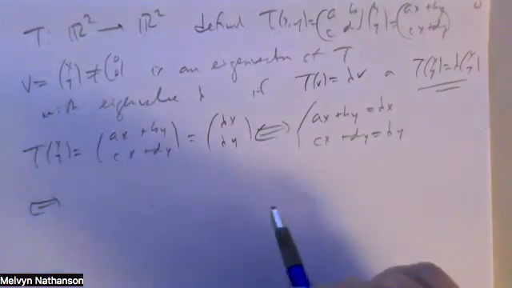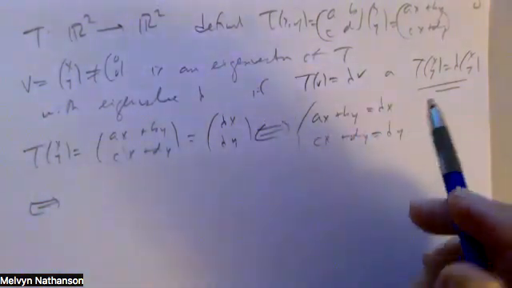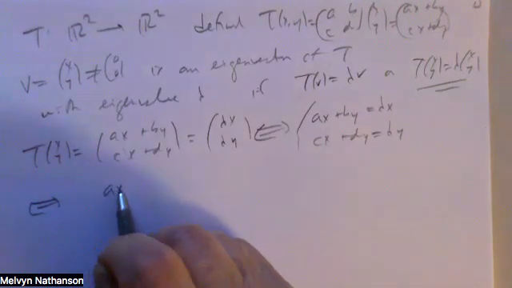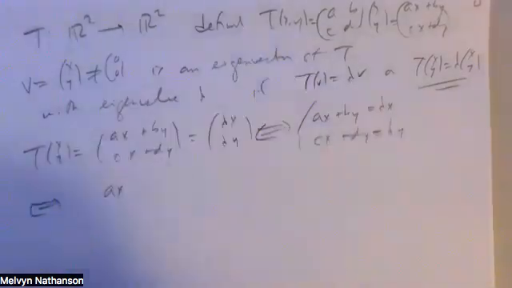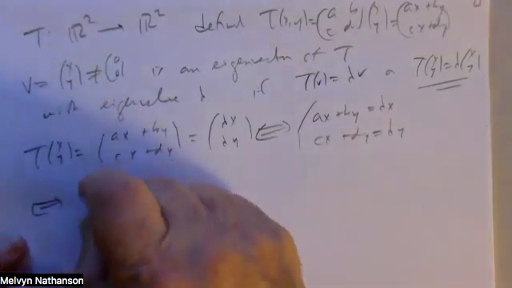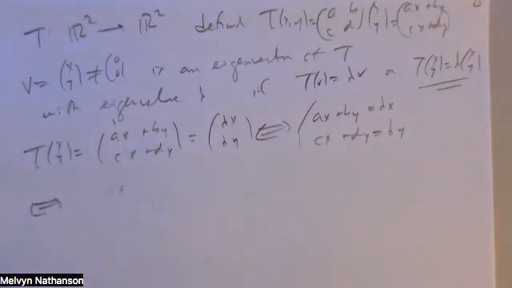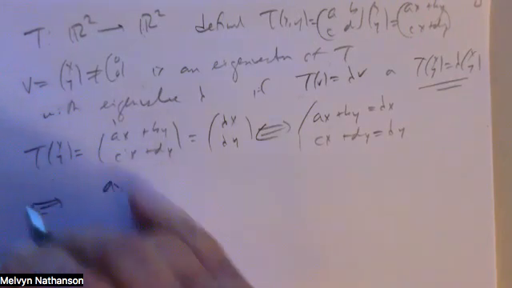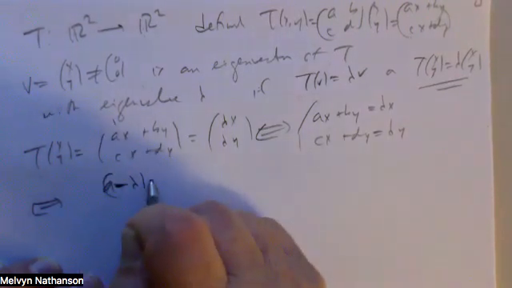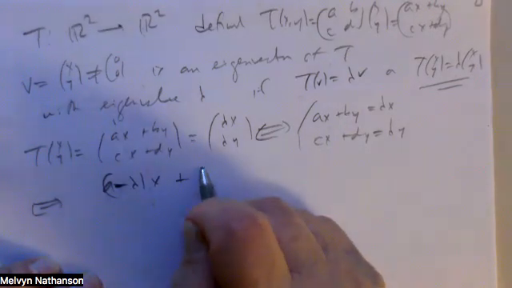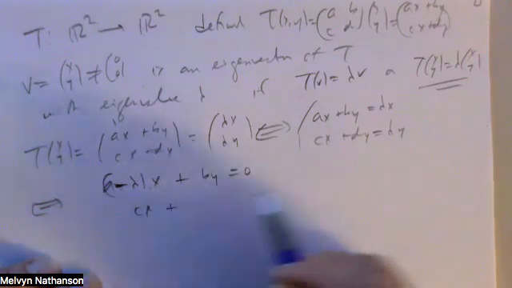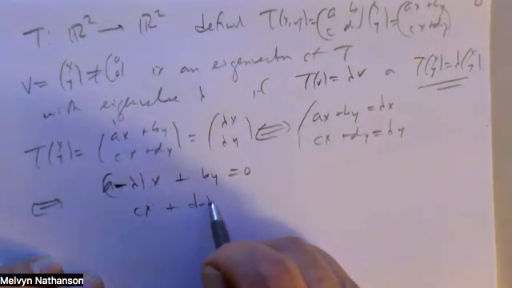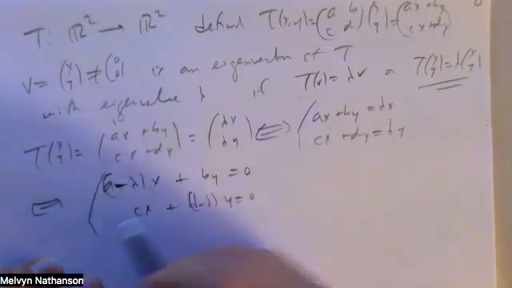Let's see, if I write this in standard form, I'm bringing everything from the right side to the left side. ax minus lambda x is (a minus lambda) x plus by equals 0. cx plus (d minus lambda) y equals 0.